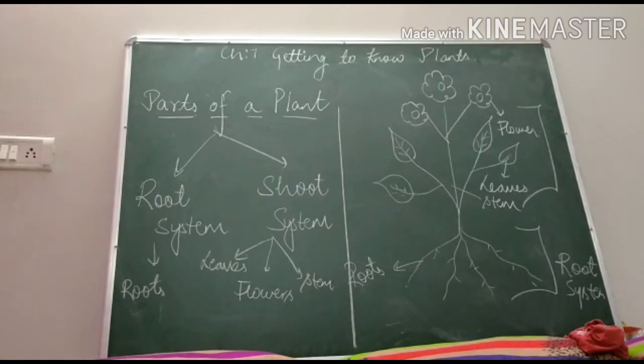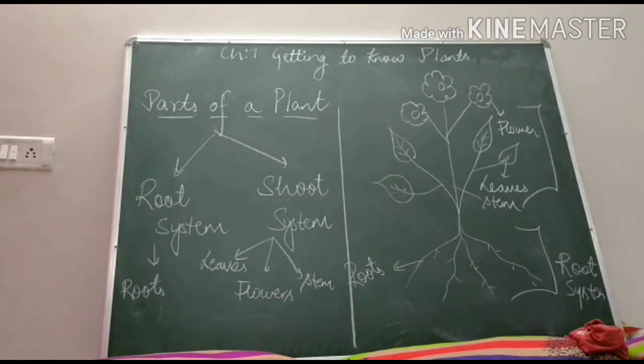Therefore there are two types of system in the plant parts. You can see the roots arising from the bottom, which come under the root system. And the shoot system comprises the flowers, the stem and the leaves. The leaves arise from the different branches, and the flowers come out.